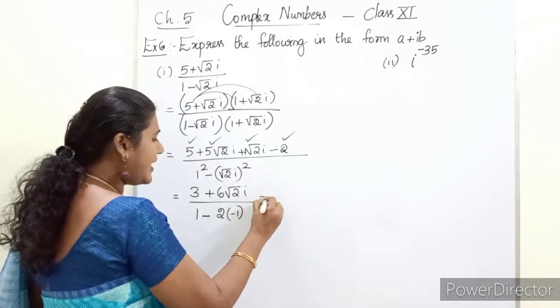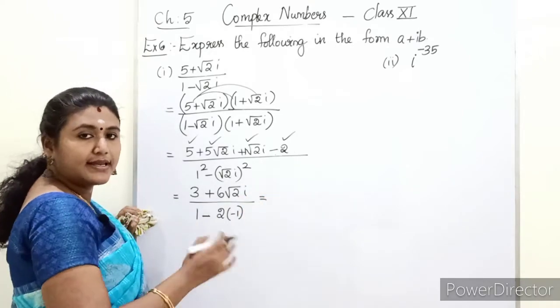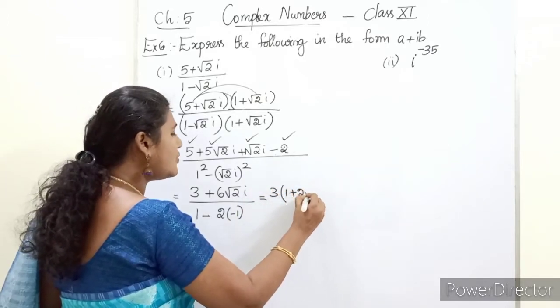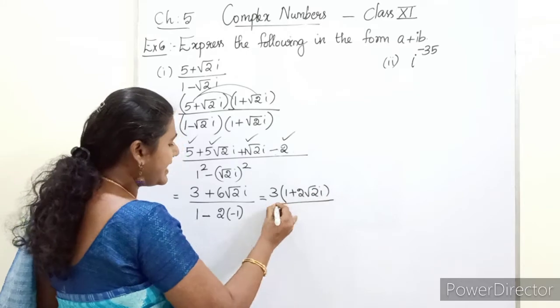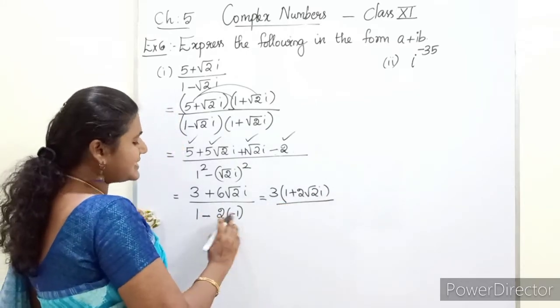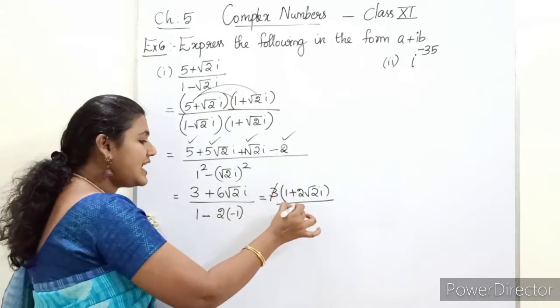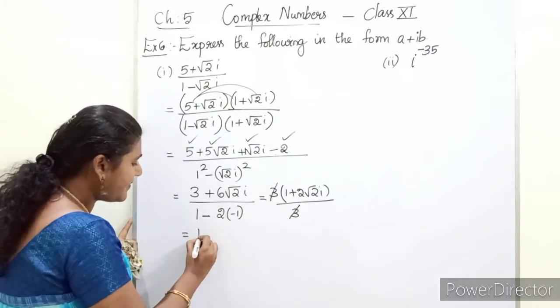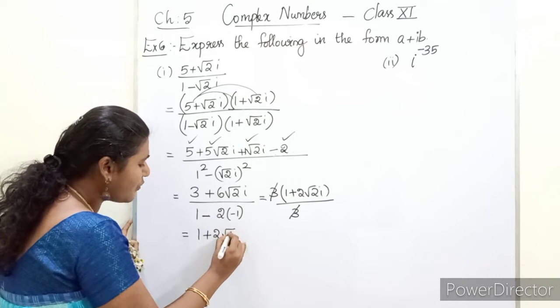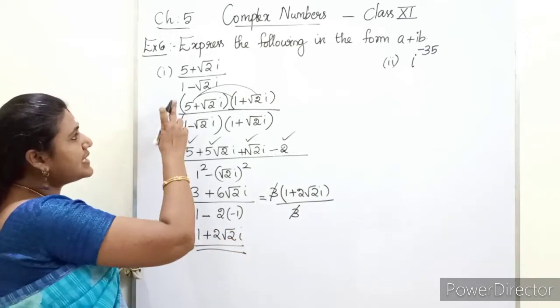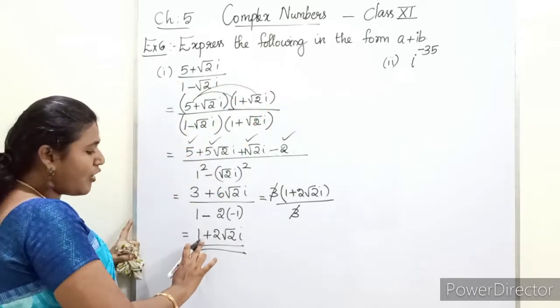Now we will simplify. From the numerator we can take 3 common outside, so 3 into 1 plus 2 root 2i, divided by 1 plus 2, that is 3. The denominator is also 3, so this 3 and 3 will get cancelled and we will get the answer as 1 plus 2 root 2i. So we have expressed the given first question in the form a plus ib.